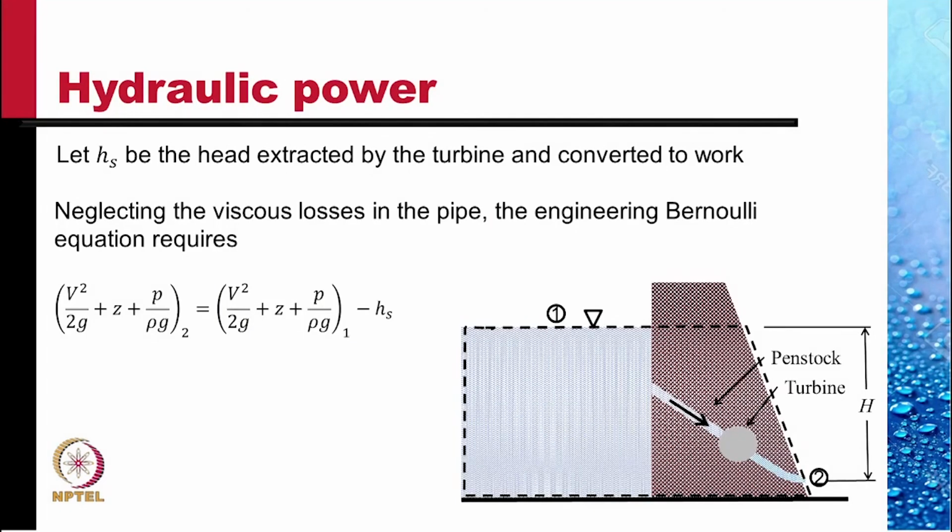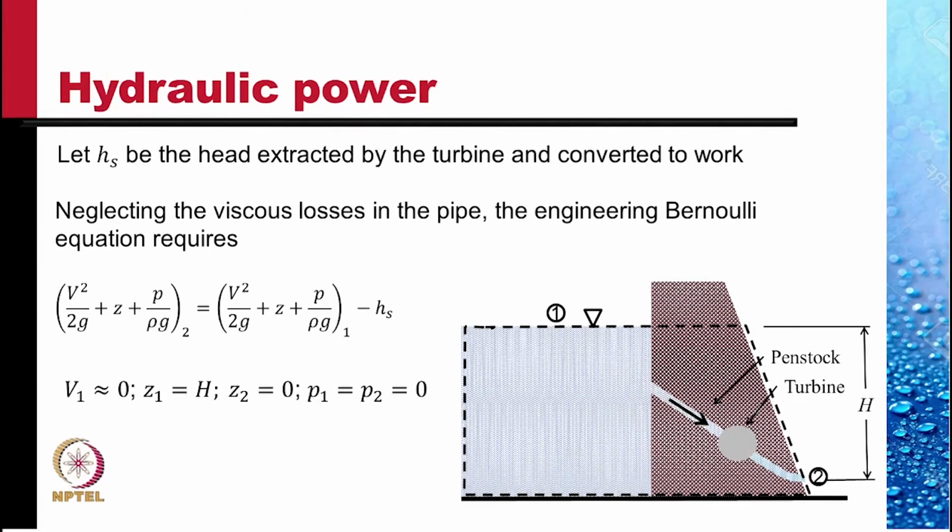Let Hs be the head extracted by the turbine and converted to work. So neglecting viscous losses in the pipe, the engineering Bernoulli equation requires V square by 2G plus Z plus P by rho G at the outlet 2 is equal to the total head at the inlet minus Hs, the head extracted by the turbine. This is the work done by the system, so Hs is positive.